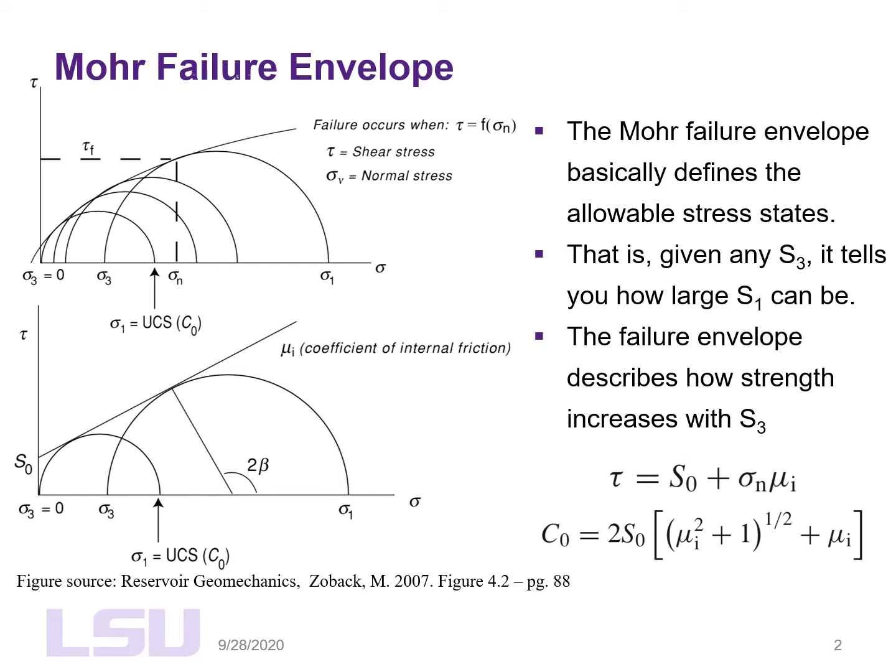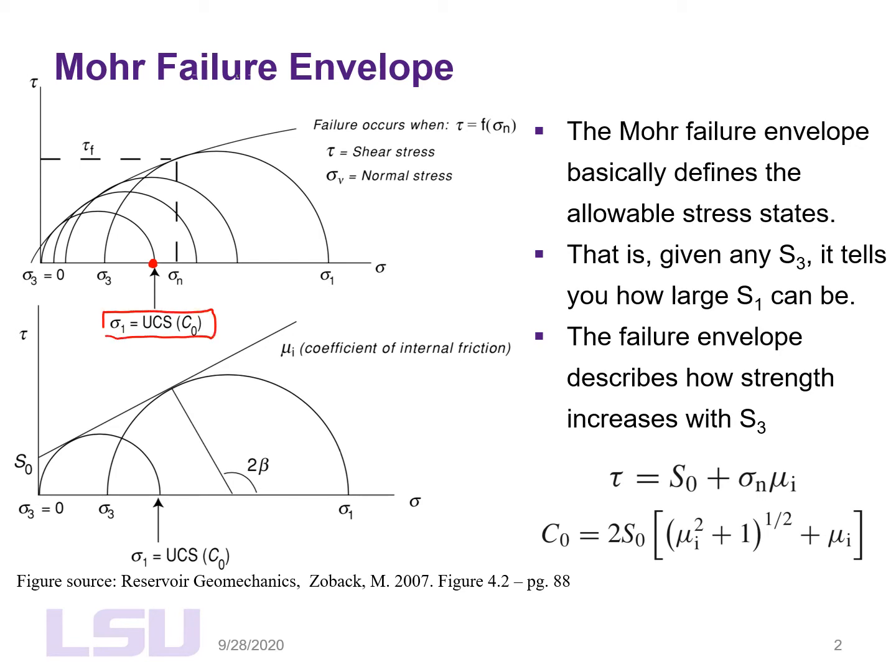So if you start out with sigma 3 being equal to 0, which corresponds to what type of test? Uniaxial test, right? Sigma 3 equals 0. Then you use the value of sigma 1 at the time the rock fails, right? What's that? It's called UCS.